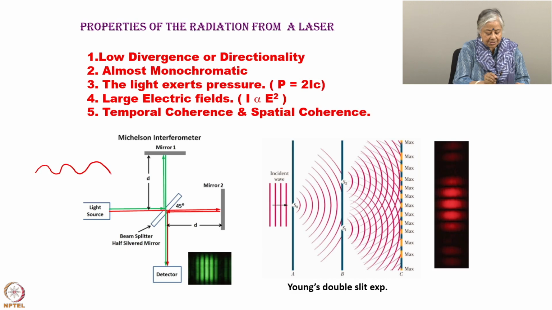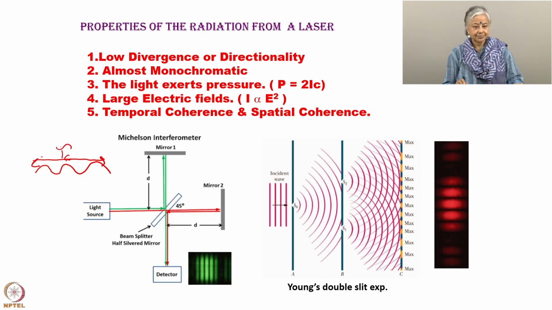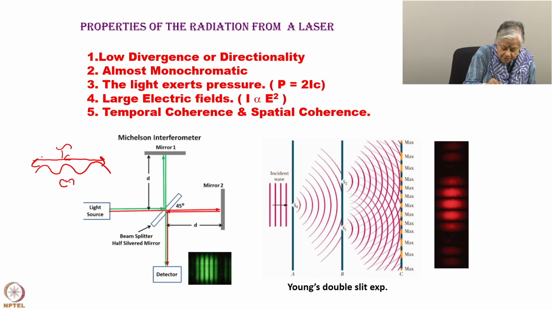This is a train of light, and this train has a time duration of tau c, or it has a length of c tau c. This is how it is. It has a length of c tau c, and c tau c is called the coherence length.